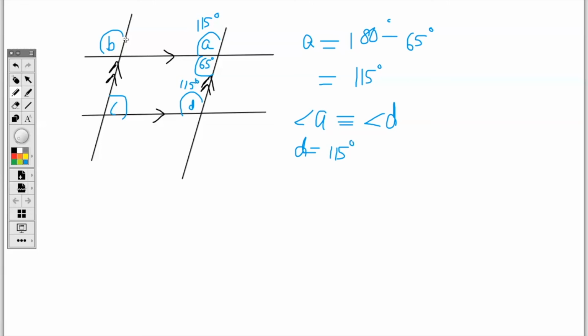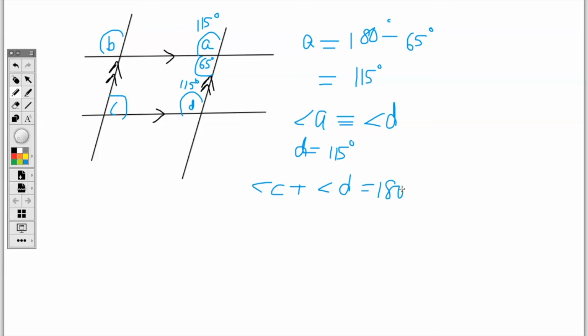So here again, we have parallel lines, and this line is acting like a transversal line. So these are two interior angles. So it means these add to give me 180. So 115 degrees plus C will give me 180. So angle D plus angle C is equal to 180 degrees.